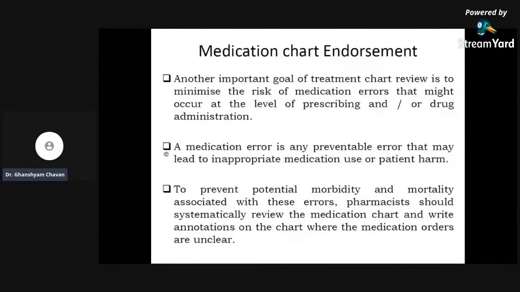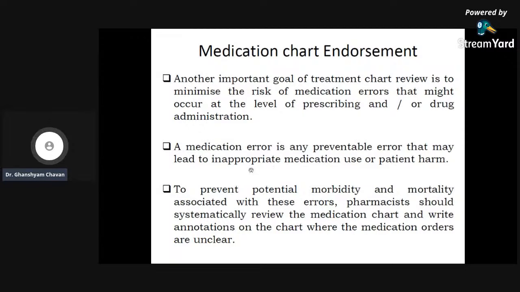Next, a medication error is any preventable error that may lead to inappropriate medication use or patient harm. So patient harm will always occur if you don't take the drug in the proper way, at the proper time, and by the proper route. Suppose a tablet has been prescribed to be swallowed, and you are chewing it, or it has been prescribed to be chewed, and you are swallowing it.